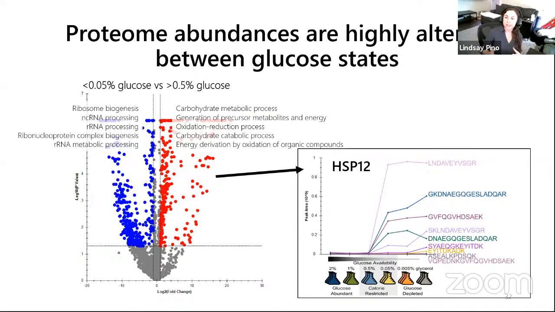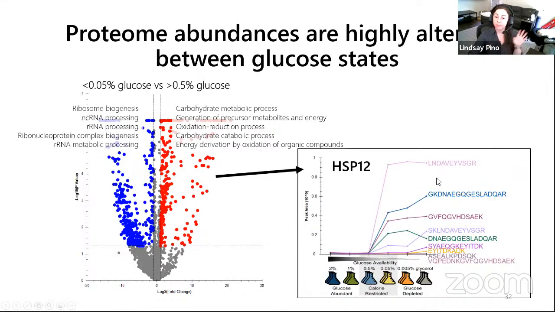Some of these proteins that we did see with increased abundance in that low glucose sample are documented, known as having lifespan extension properties under calorie restriction conditions. This is one protein, a heat shock protein, HSP12, and I'm showing the peptide trace from Skyline, where you can see Skyline plots each one of the peptides measured for that protein.